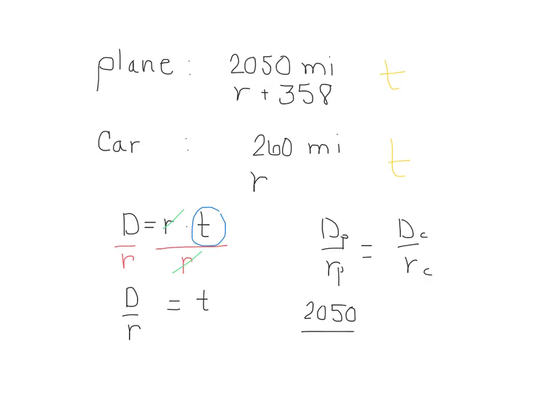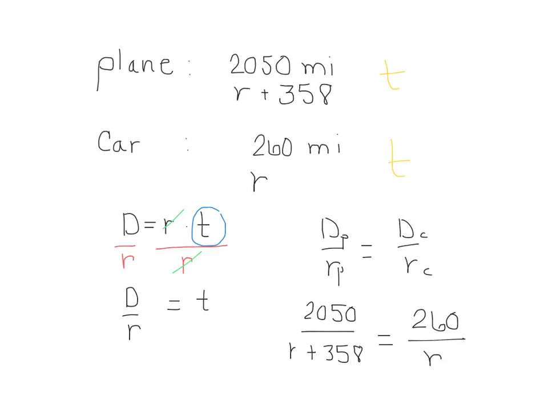Rate of the plane, we didn't have a numerical value, but we do have an algebraic expression, R plus 358. That must equal the distance over rate for the car. So the distance of the car we were given was 260 miles. Rate of the car, the expression we determined was R.